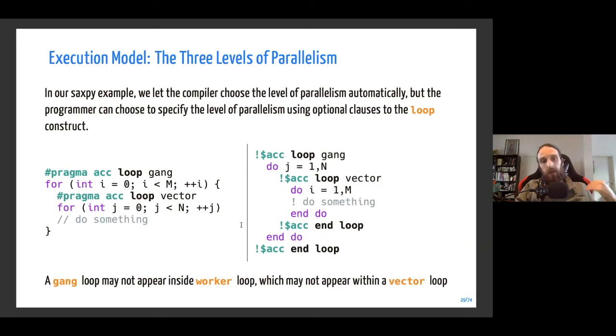You cannot put a gang inside of a vector, and you cannot put a worker inside of a vector. But you can specify that a sequential loop appears at any level. It's not limited, but the important thing is that the gang should be the outer loop, and the innermost loop should be a vector or a worker.